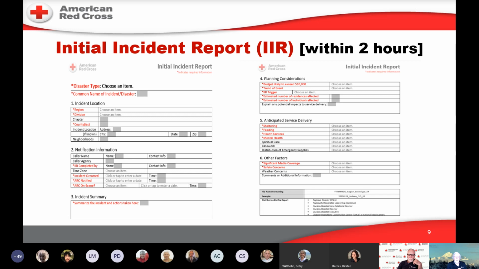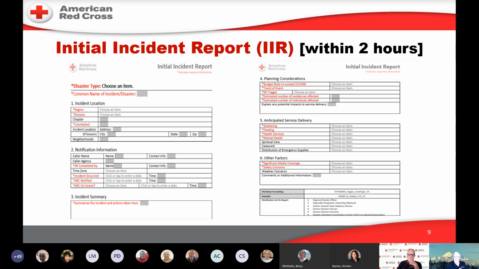When were we notified? I have no shame in going to the fire service and grabbing their description of the disaster and doing a cut and paste so that I've got a summary of what is going on with that disaster, and then putting in how the Red Cross is responding.